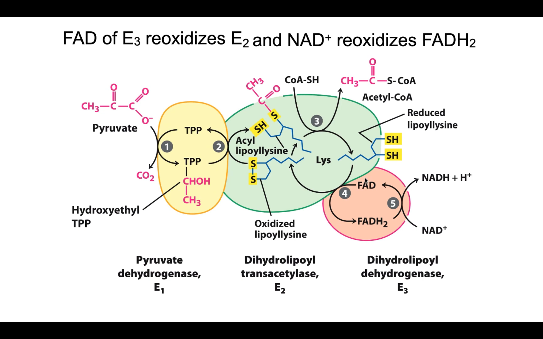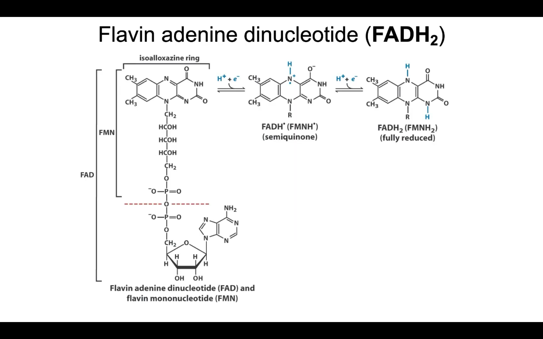Let's take a closer look at FAD. FAD is flavin adenine dinucleotide. Okay, so it's very similar in structure and function, in fact, to NAD. The difference is that NAD accepts 2 electrons and only 1 proton.